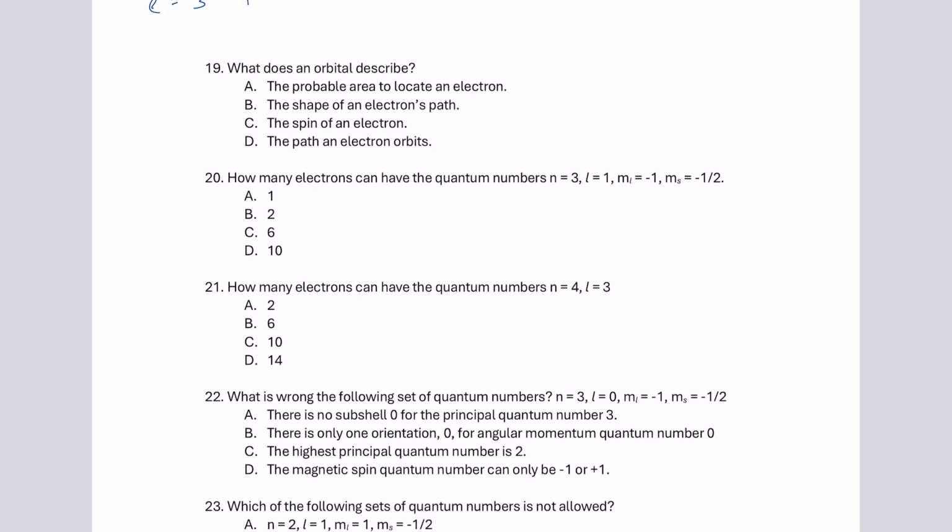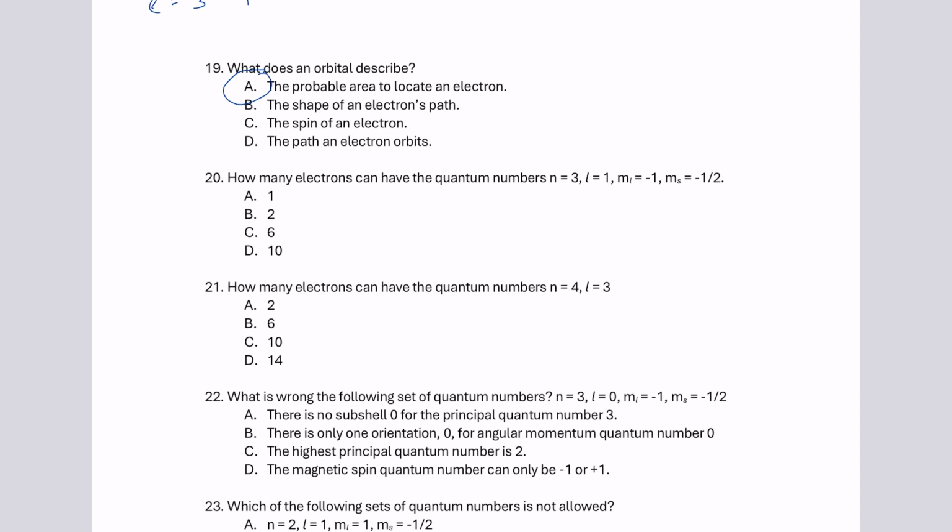So unlike the outdated Bohr model, which depicted electrons following fixed circular orbits, quantum mechanics defines orbitals as three-dimensional probability distributions where electrons exist with a certain likelihood. So the correct answer for 19 is A.